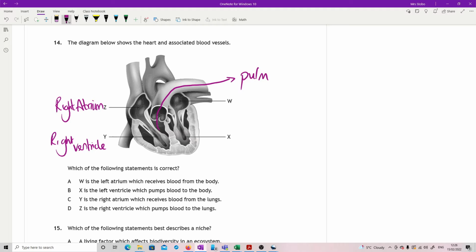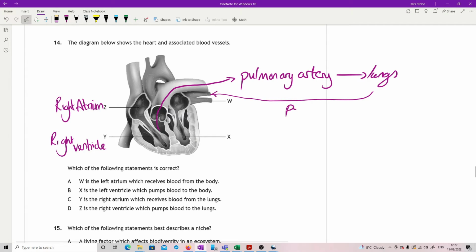Okay, the right ventricle is going to push blood up through this pipe here. Okay, that is the pulmonary artery, which is heading off to the lungs, to pick up or reoxygenate the blood and bring it back. It's going to come back from the lungs in here, and that's going to be the pulmonary vein.